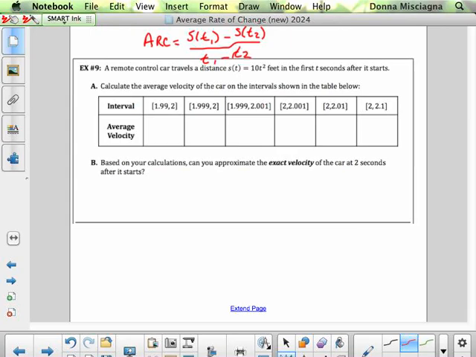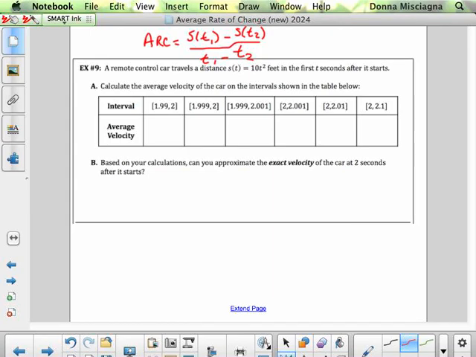For each of these, we would plug each of the T values into the formula and find the value of the equation at those T values. In the numerator, we would take the difference of those values and then divide by the difference of the values of T.